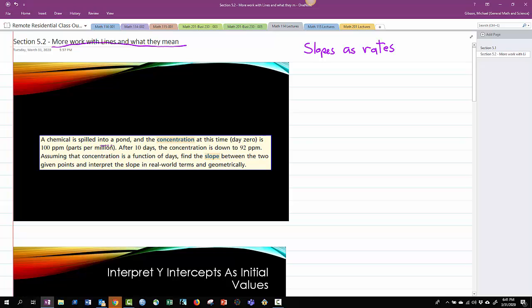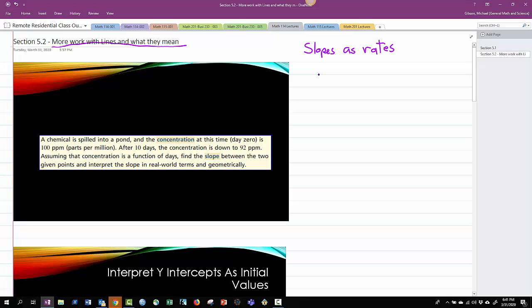A chemical is spilled into a pond, and the concentration at the time the chemical is spilled, day zero, is 100 parts per million. After 10 days, the concentration is down to 92 parts per million. Assuming that the concentration is a function of days, find the slope between the two.